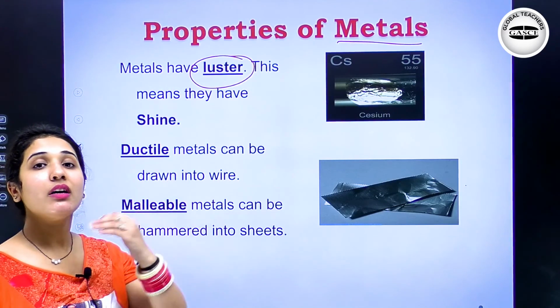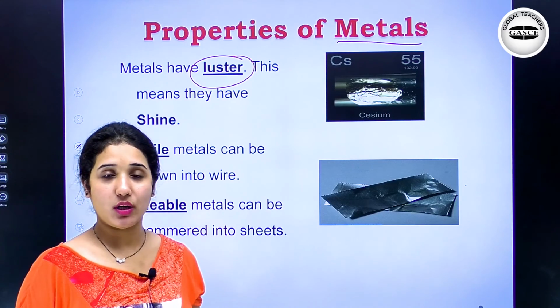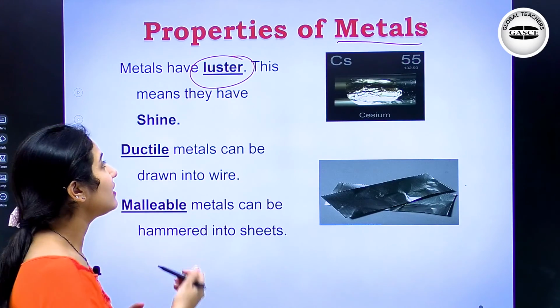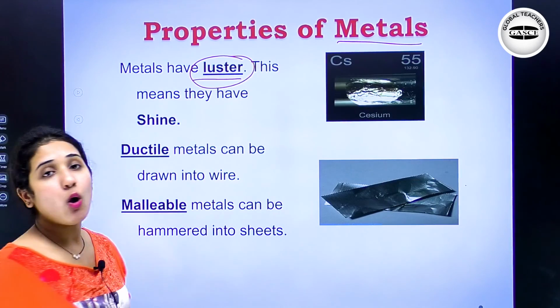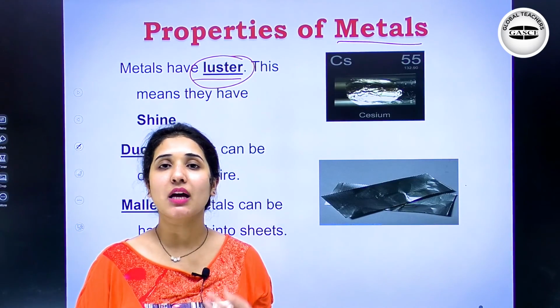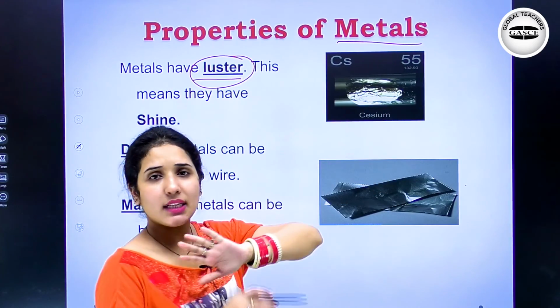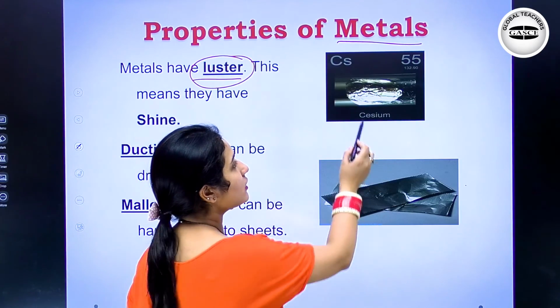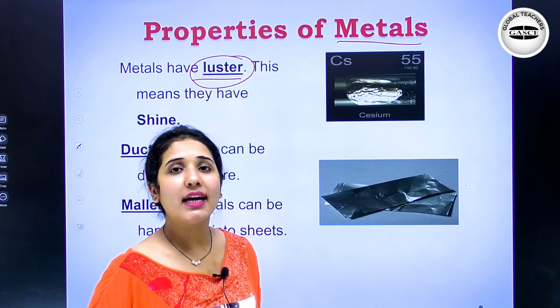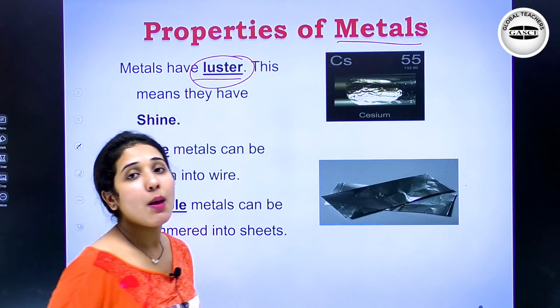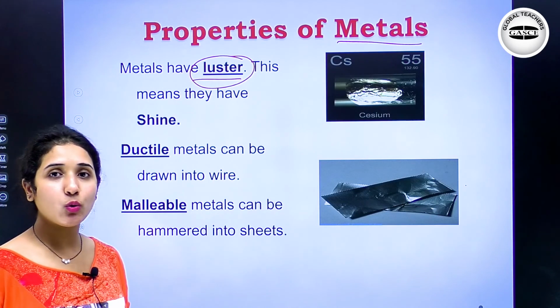Luster means they have their own shine. This property is known as luster, or we can simply say that metals are lustrous. Here you can see this is cesium, and this is a picture of graphite. Still you can see that there is a certain shine coming out of this metal. That means metals do have their own shine.